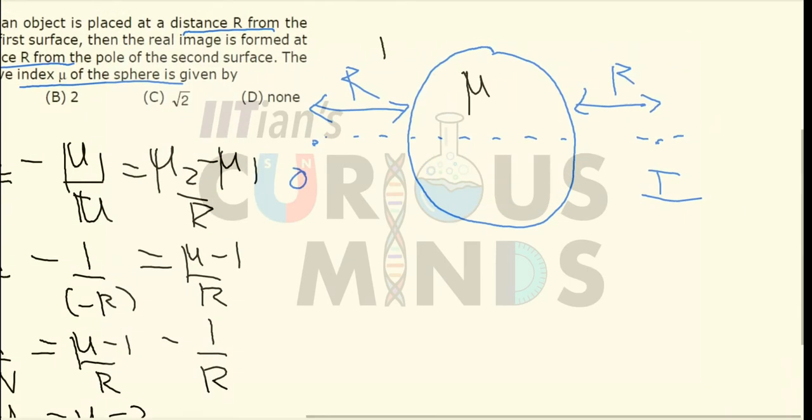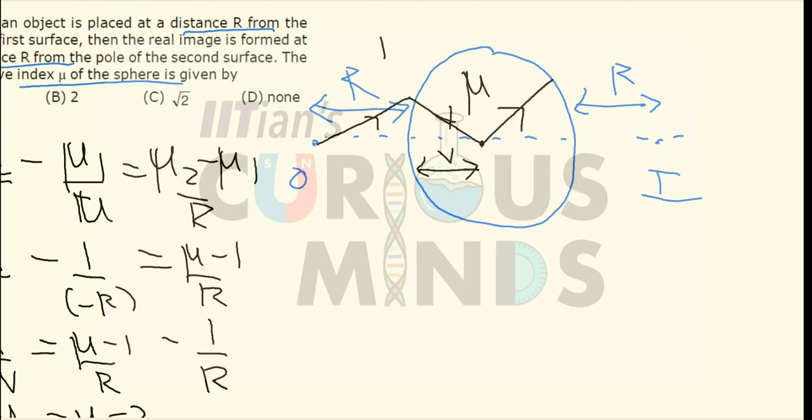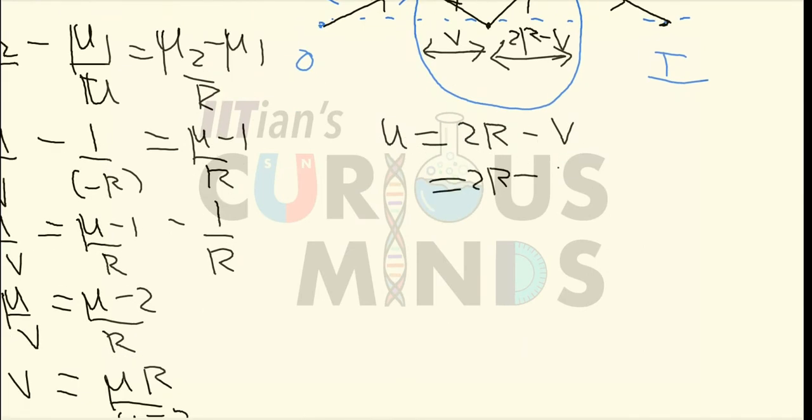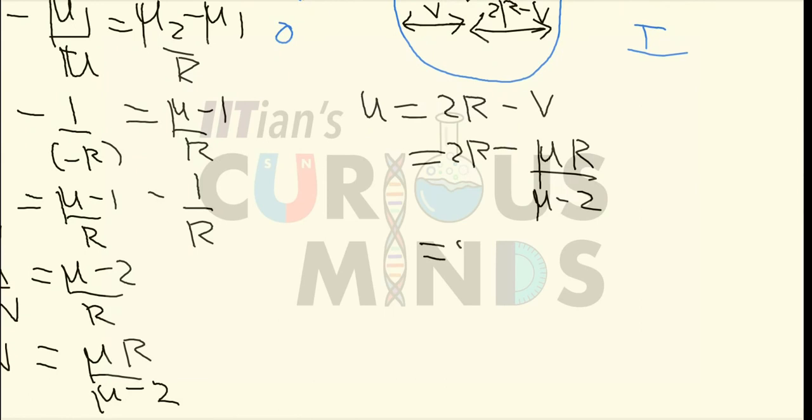So let us say the image after the first refraction is formed somewhere over here at a distance of v. Now this image formed will act as an object for the second surface. It will pass through the surface and the final image will be formed somewhere over here. Now this distance will be equal to 2r minus v. The distance of the object is 2r minus v, where v is mu r divided by mu minus 2, which is equal to 2 mu r minus 4r minus mu r divided by mu minus 2.